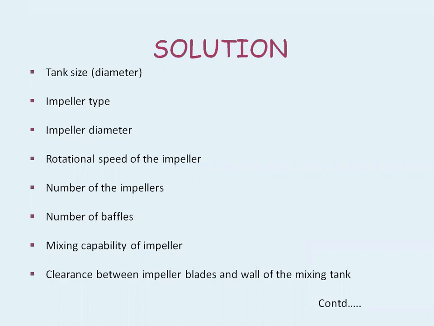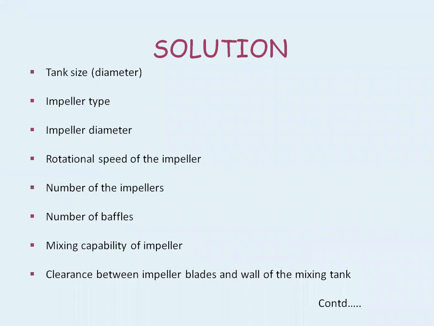So all these things we have to optimize during the formulation. So our tank size may vary, but the design of the tank will be the same for your pilot plant and for your scale up technology. If the design is the same, we can assure that the principle which we are using for a pilot plant is applicable to your scale up technology.